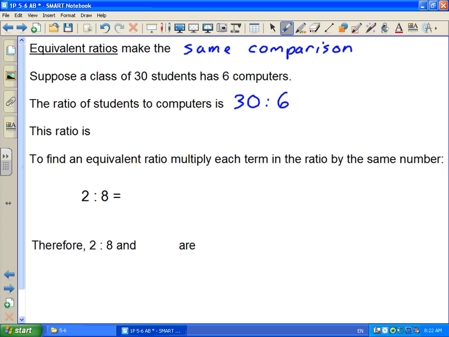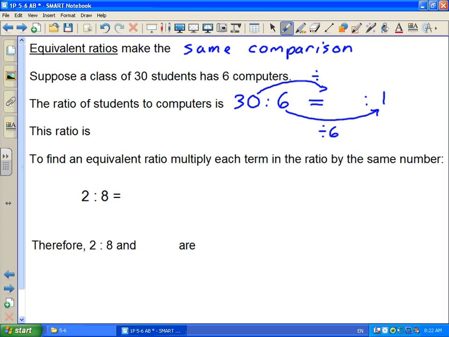Okay? Now, if we want to find a ratio that's equivalent to this, we can take each of these 2 numbers here and find a number that'll divide evenly into both of them. Sort of put the ratio in simplest form, or put our fraction in lowest terms. So I can take my 6, and I can divide it by 6 to get 1. I can do the same thing to that number 30.